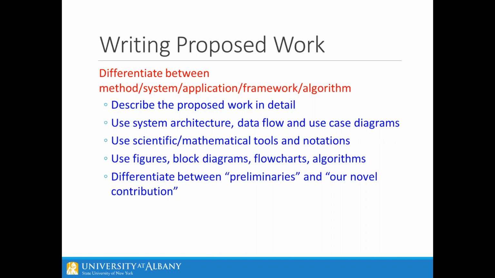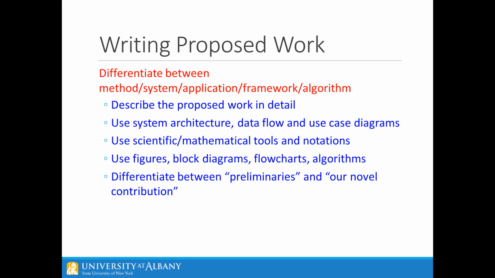One thing which is important here is you should differentiate between preliminaries and your novel contribution. Sometimes when we describe our proposed method, we also need to describe a few things which are part of our method, but have already been done. So some existing tools, existing blocks will be used. We have to be very clear in mentioning what the preliminaries are.